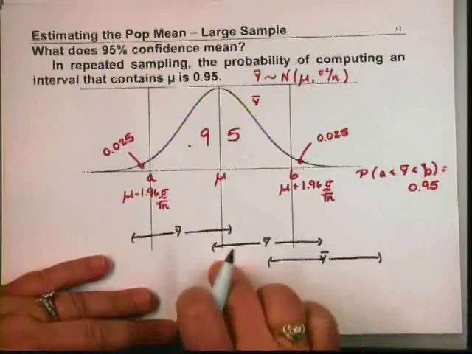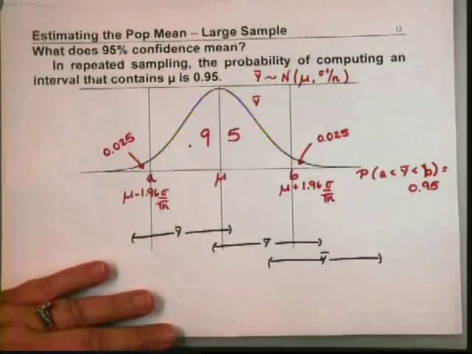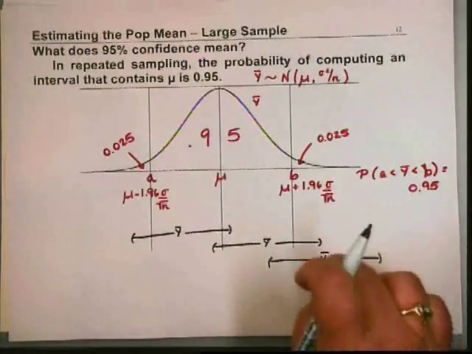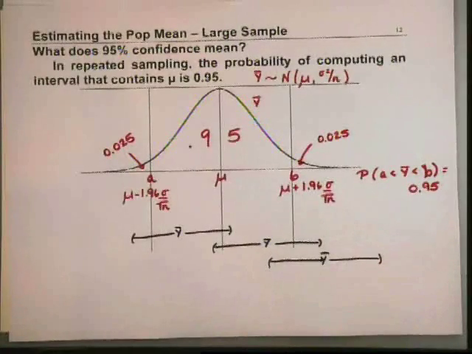This confidence interval misses mu entirely. How often is that going to happen? 5% of the time, because I set alpha to be equal to 0.05. 5% of the time the interval misses. 95% of the time the interval captures mu.